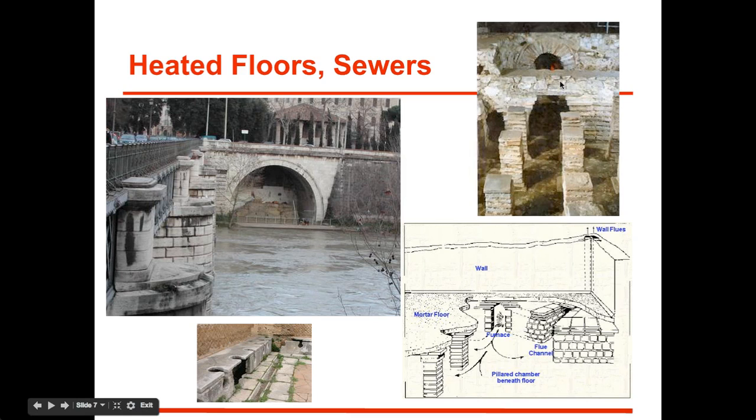You can see that there. That would pump all of this hot air under the floor. And then tiles, called wall flues, these hollow tiles, the air would move up into them and heat the house that way. It was much safer than just using the open flame.